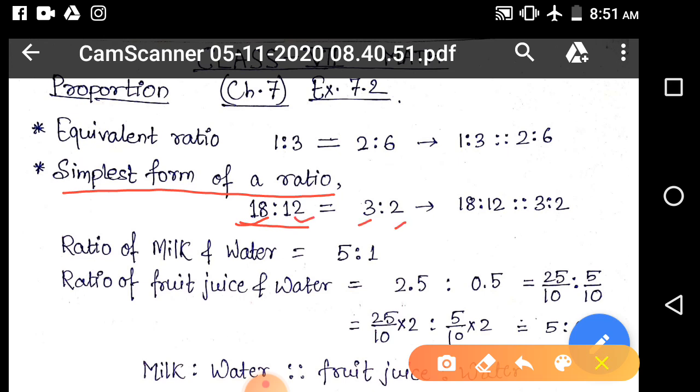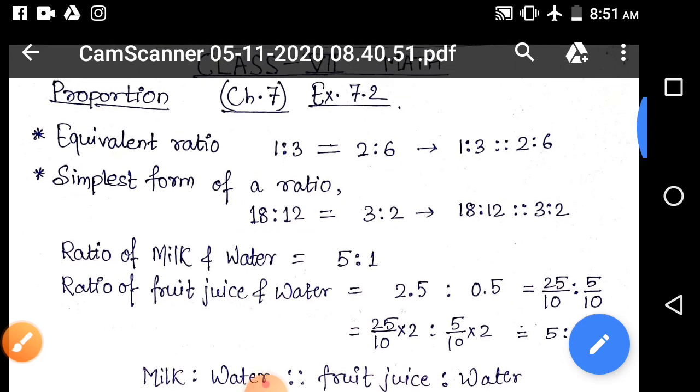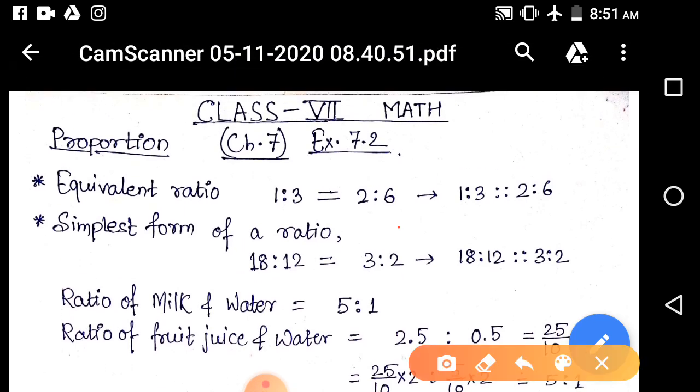So that means 3 is to 2 is actually the simplest form of the ratio 18 is to 12. As those are equal, those ratios are also said to be in proportion. So 18 is to 12 is in proportion to 3 is to 2.